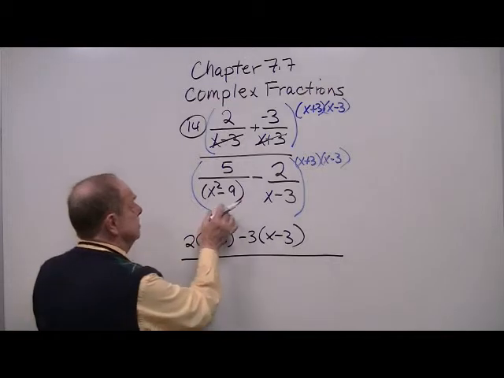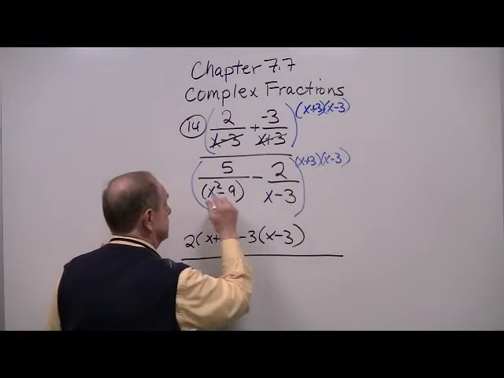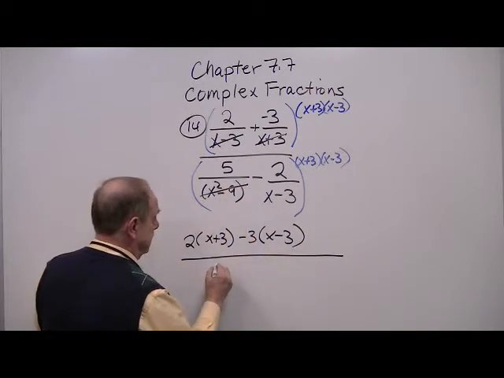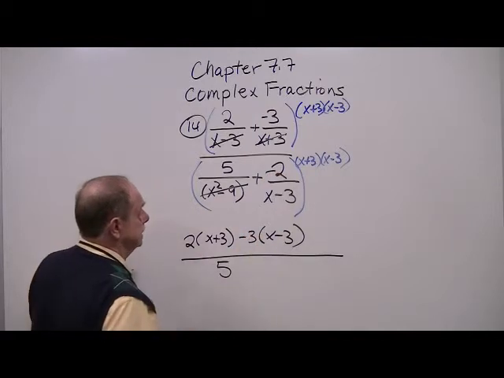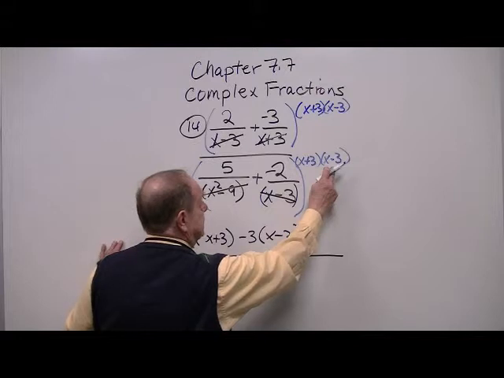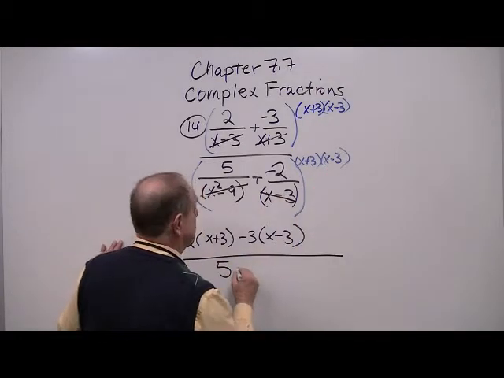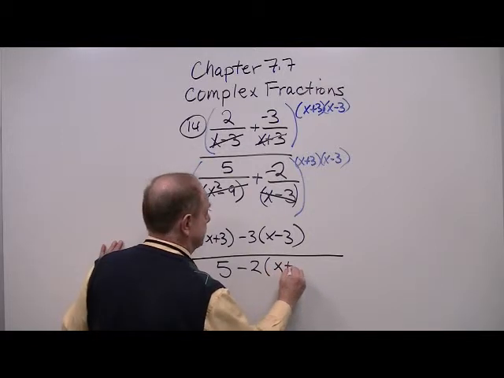Now on the bottom, all of this will cancel with this, so this is gone, and I'm left with a 5, and I'll make it like so. And now this one cancels with this one, so I'm left with a negative 2 times x plus 3.